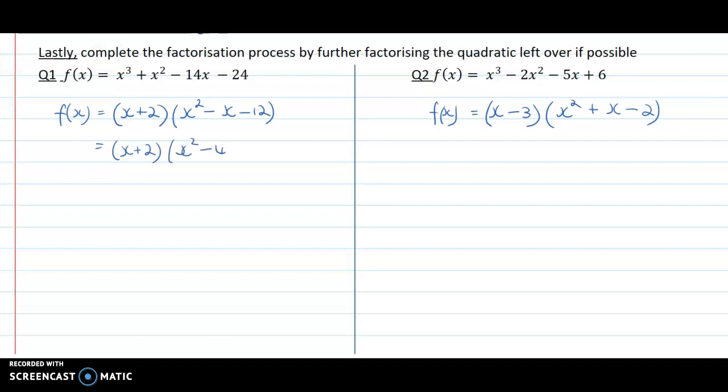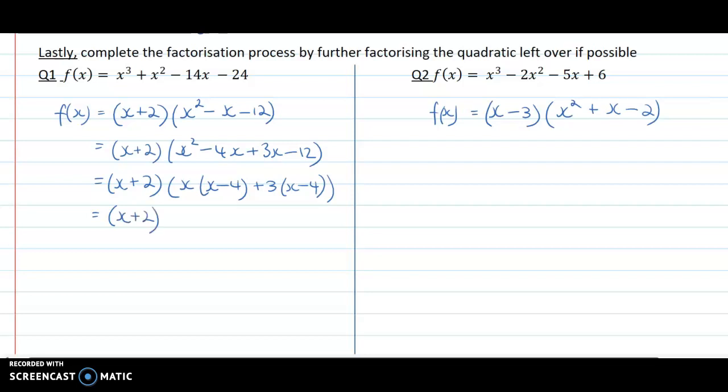Hopefully you're thinking negative 4 and positive 3, which then can be split even further. Highest common factor of x here. So if I remove that out, I've got my x plus 2, x minus 4, x plus 3, fully factorized.